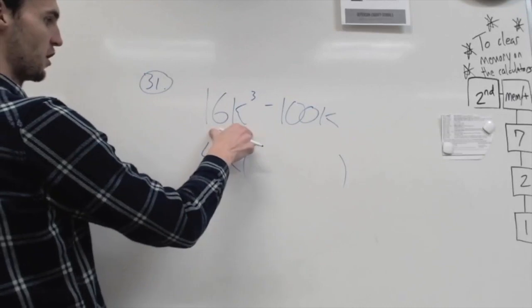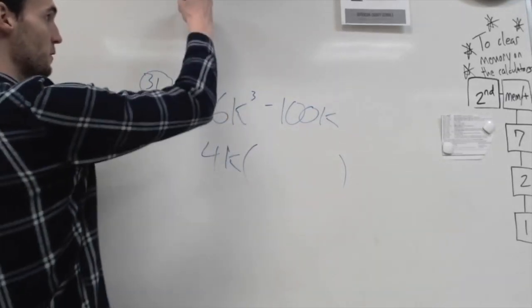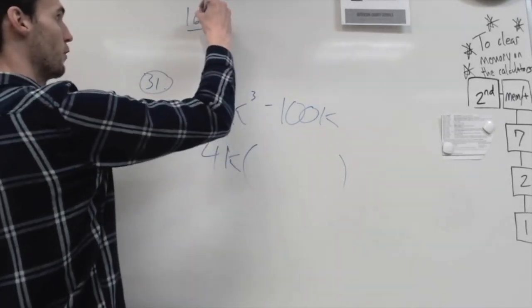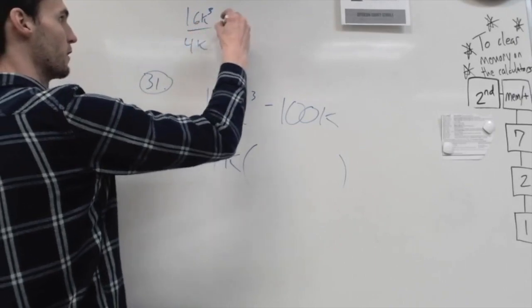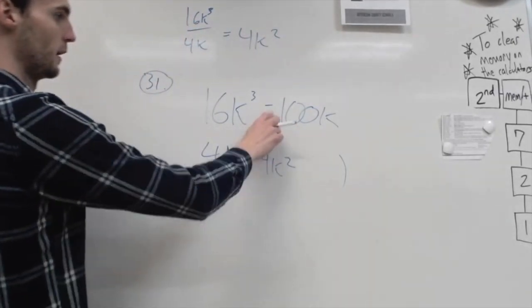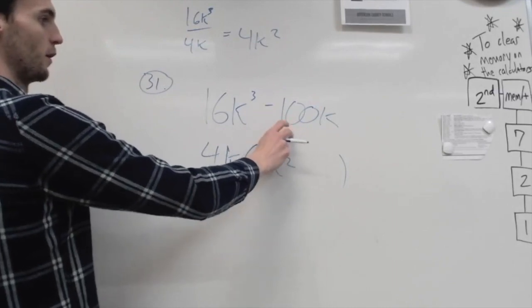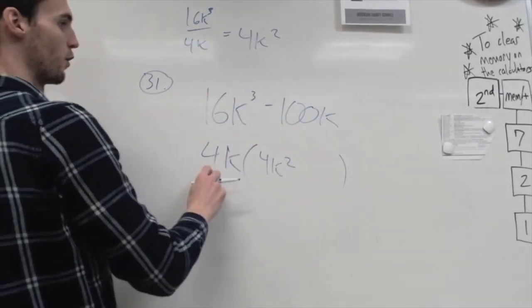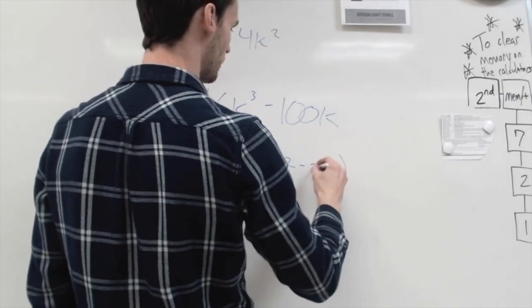Now we divide each term by the GCF. So 16k cubed over 4k would give us 4k squared. And negative 100k divided by 4k would give us 25.